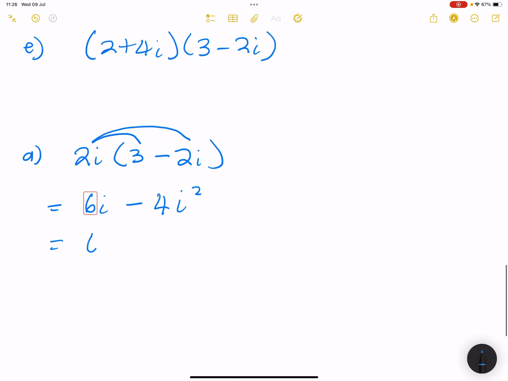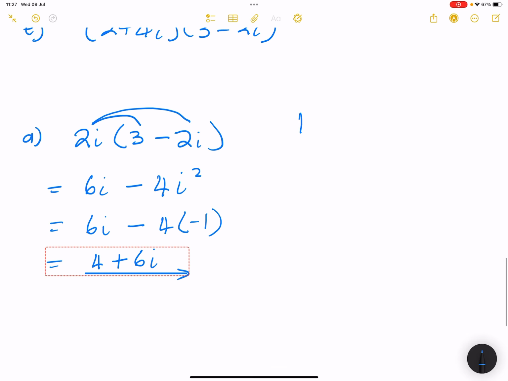So I've got 6i minus 4 times i squared, and i squared is negative 1. And so that would give me 6i plus 4, or you can say 4 plus 6i. That is what it would look like.